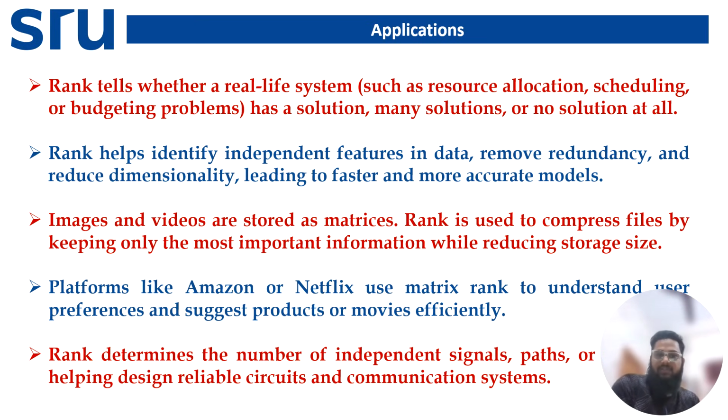Even Amazon and Netflix use the matrix rank concept to give preferences and suggestions of products on Amazon and movies on Netflix to the users. So there are numerous applications of rank in real life, and in computer science and data science.